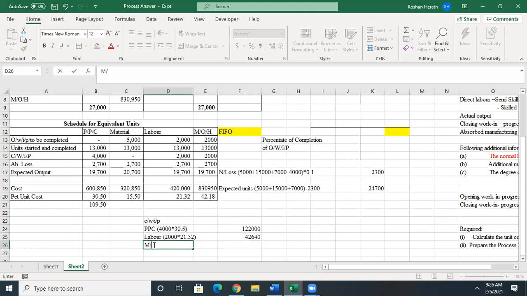Similarly, the manufacturing overhead gets valued 2,000 at 42.18. 2,000 into 42.18.